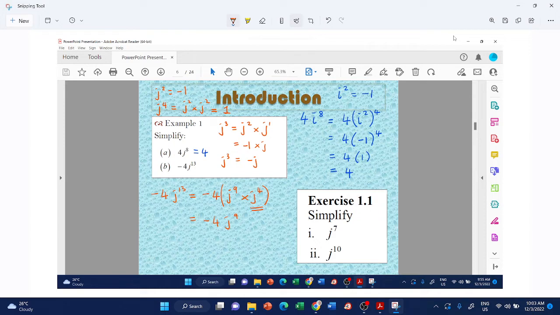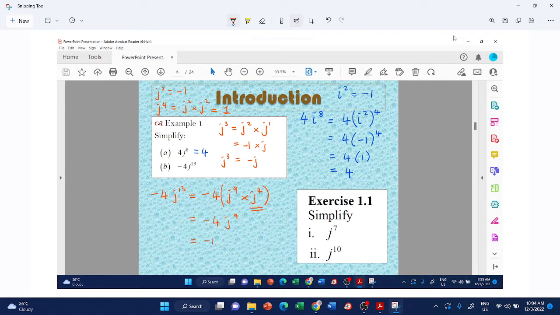Okay, J power 9 ni how do we evaluate? Kita tahu J power 3 is negative J. So kalau J power 9 how? Boleh reduce tak 9 to 3 dulu? Can we separate into two?